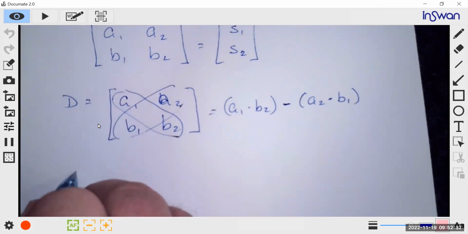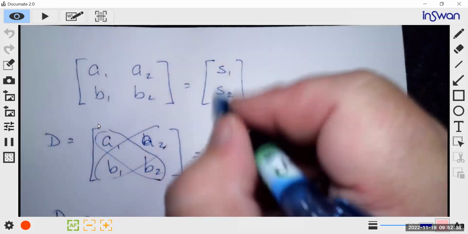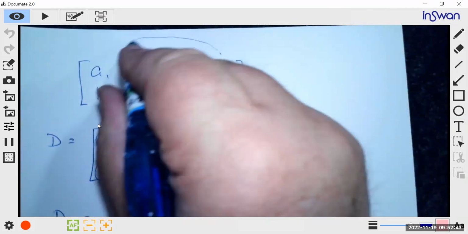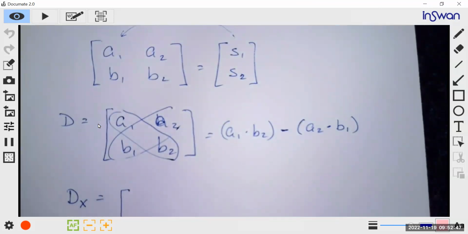Now, what about the X component? To find dx, we take the solutions and put them in the first column: solution 1, solution 2, and leave the second column alone.